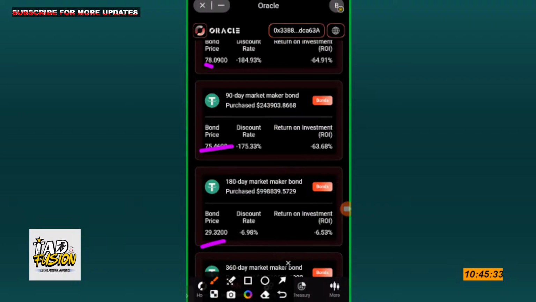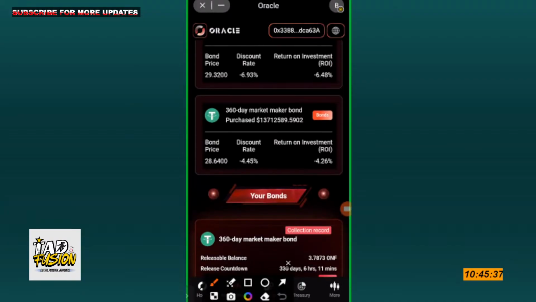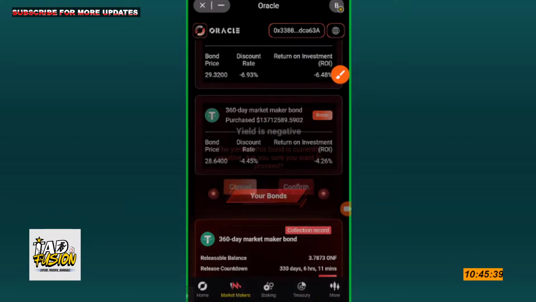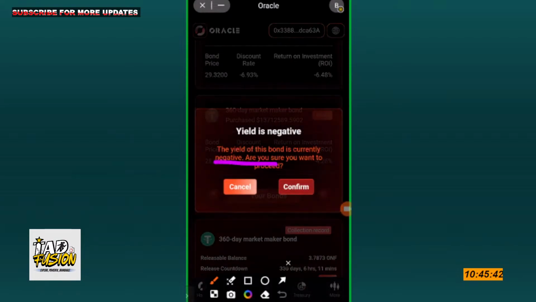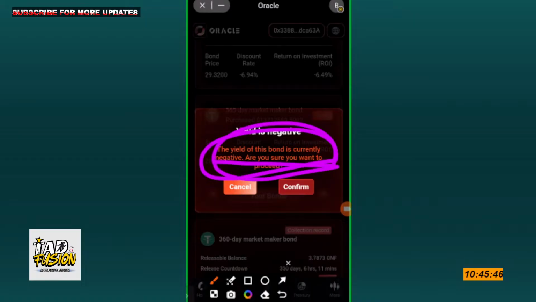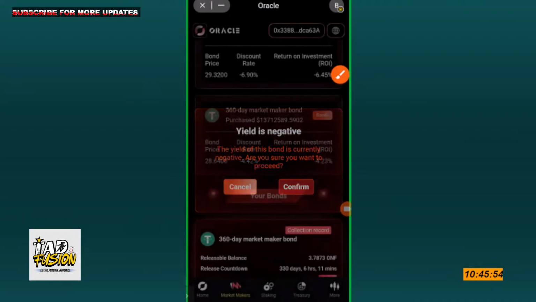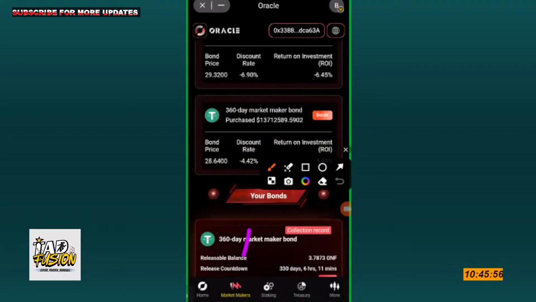Even when you come here and click on bonds, the system will tell you that the yield of bond is currently negative. Are you sure you want to proceed? So now the system is automatically chasing you away from the bonds.